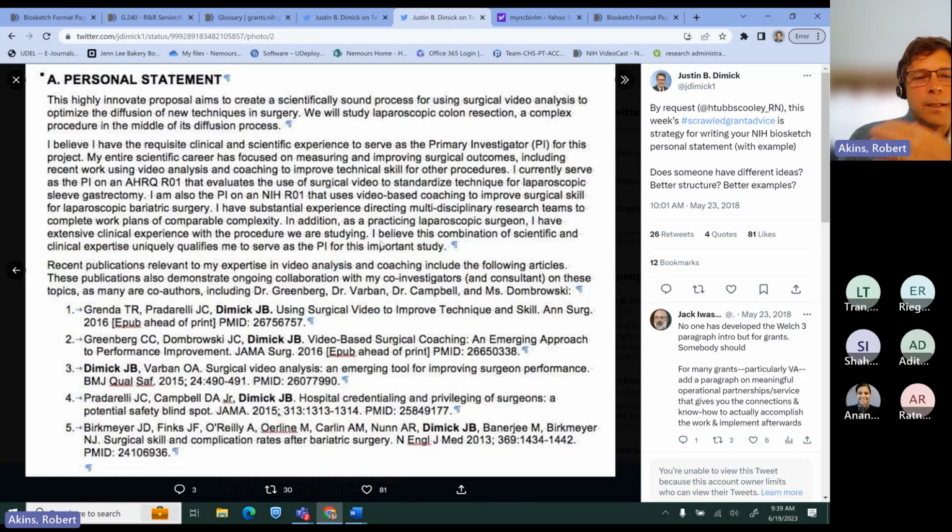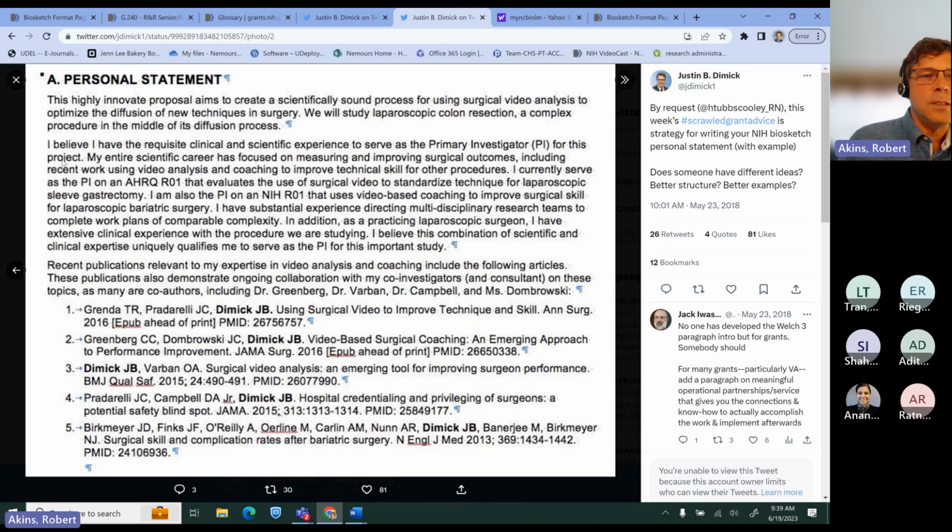Then this is an example from Justin Demick. I don't know who he is, but it follows the rules he just set up. The reason I wanted to put it in here is because I think the way he works it is great.